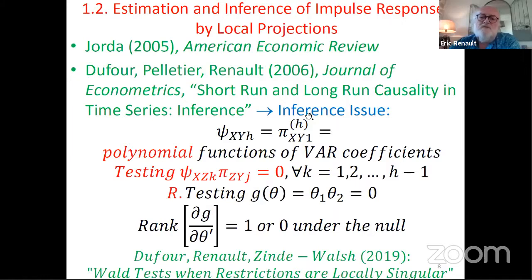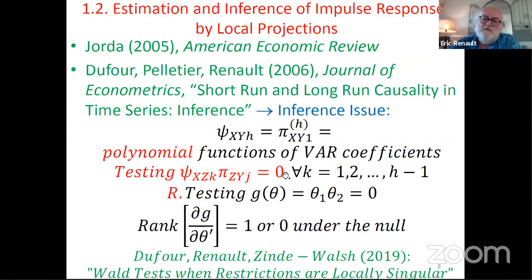So basically what we say is that why it is interesting to go through local projection is that when you want to estimate these parameters, they are polynomial function of VAR coefficient, relatively complicated polynomial functions. And when you want to test for causality, you have to look at these parameters. And as I've seen before, it means also that you have to look at restriction of non-causality, which are something like that.